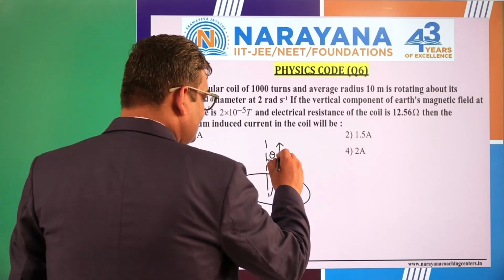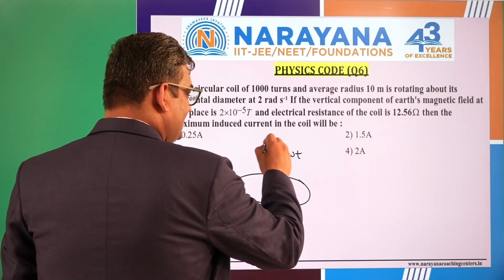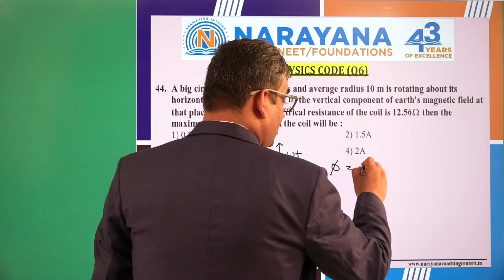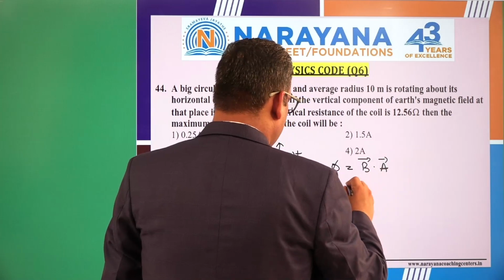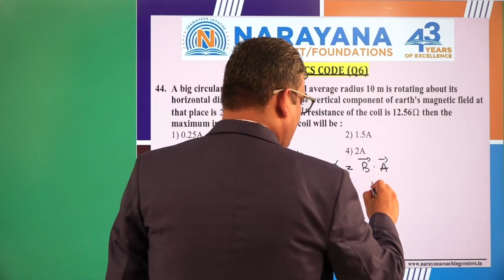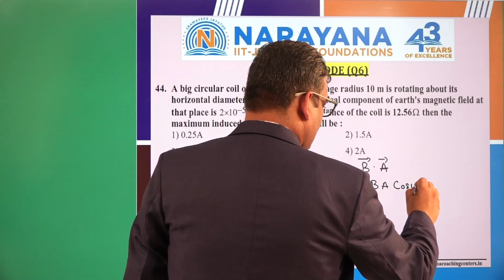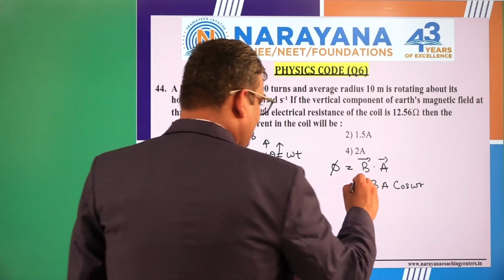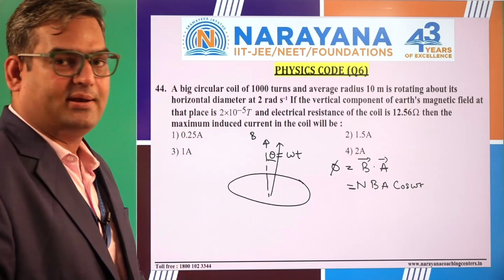So the angle theta can be written as omega t, and this is the direction of magnetic field. So flux is going to be dot product of magnetic field and area vector, which will be equal to B A cos omega t. This is for one turn. So for all the turns we can write this flux by multiplying this expression by capital N.